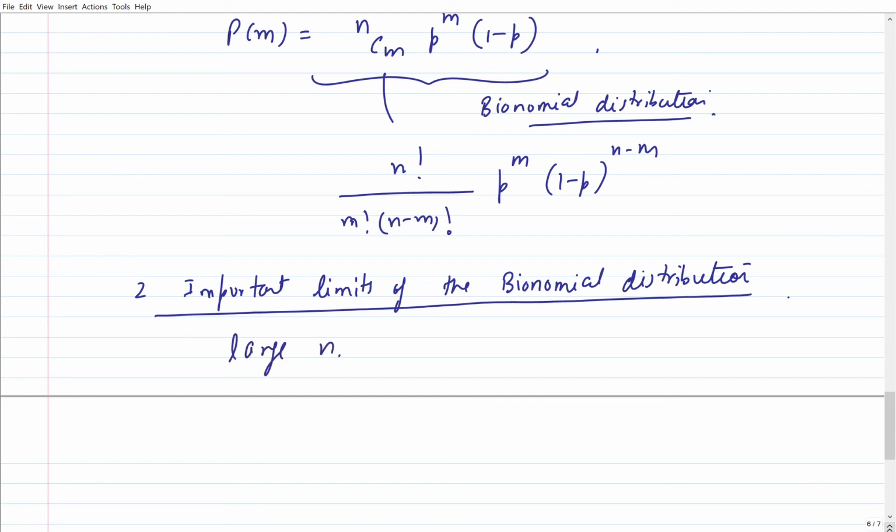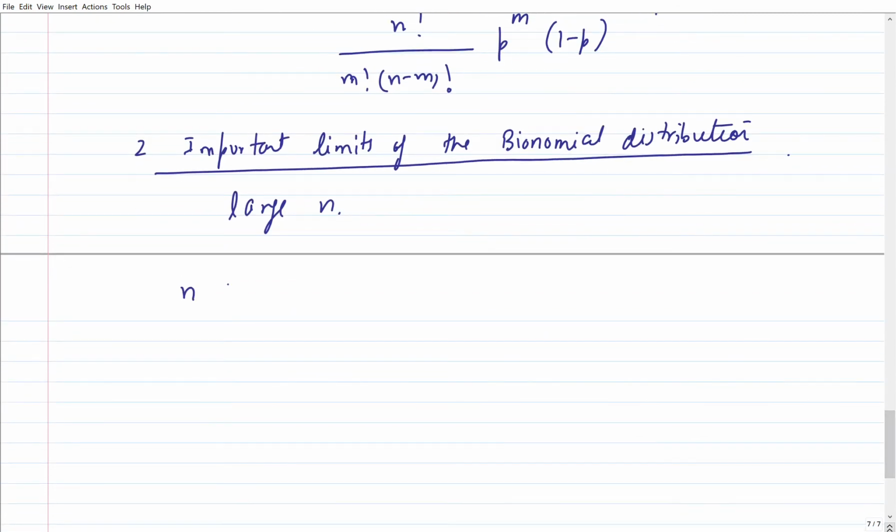In the first place, suppose that n and p times n, which is the probability of success times n, are fairly large.